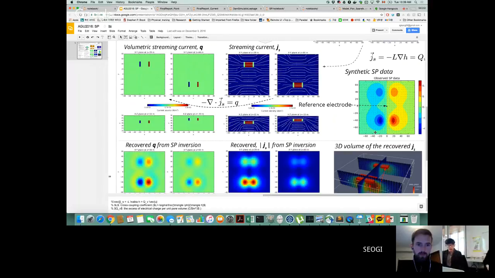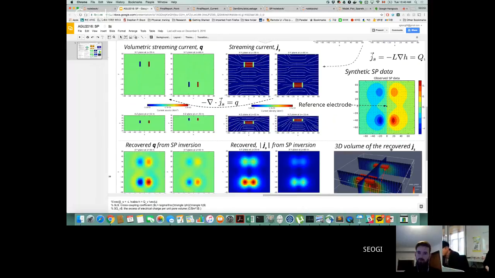Exactly. But the streaming current is more like the fluid flow. If you invert for fluid, the direction of the fluid flow will be similar, and the streaming current reflects how the fluid flow is happening in the earth. So by inverting and looking at that streaming current, you have a good idea of what the flow in the ground is.